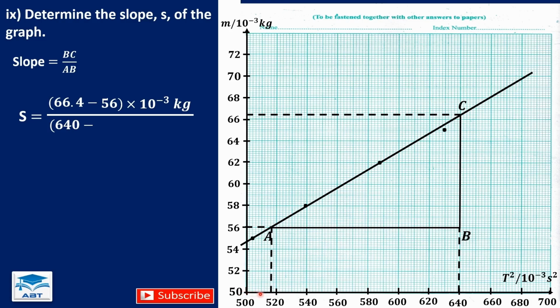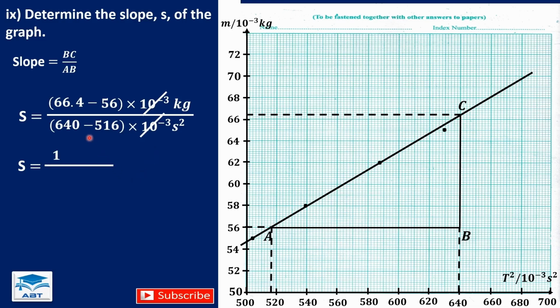The middle here will be 5, 10, so 5, 12, 5, 14, 5, 16. Remember, on the horizontal axis too, we changed it to standard form, so we have times 10 to the negative 3. And don't forget to bring the unit second square over there. So now we can cancel out times 10 to the negative 3.